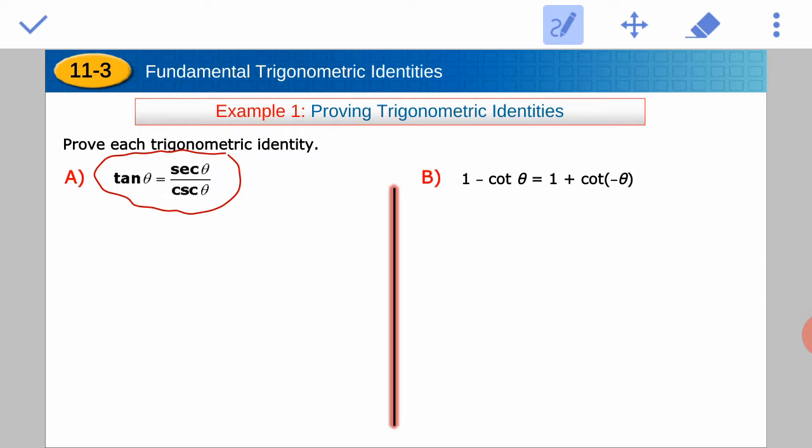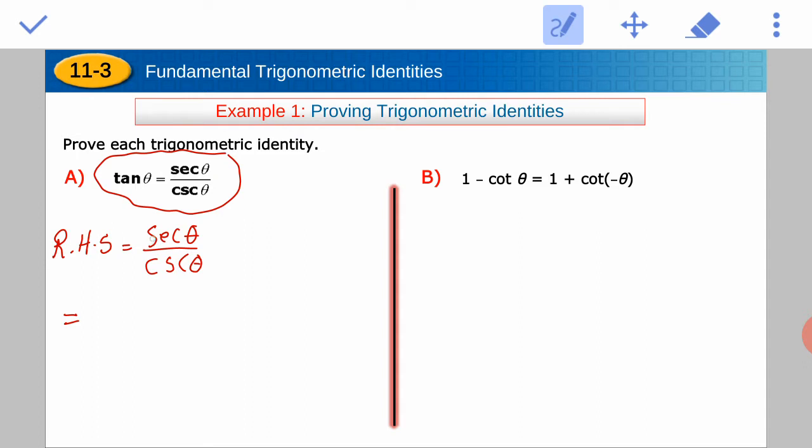Let's take a look. In part A, we need to prove tangent theta is equal to sec theta over cosec theta. Guys, let me start with the right hand side. The right hand side in this identity is equal to sec theta over cosec theta. What can be done to secant theta and cosecant theta?